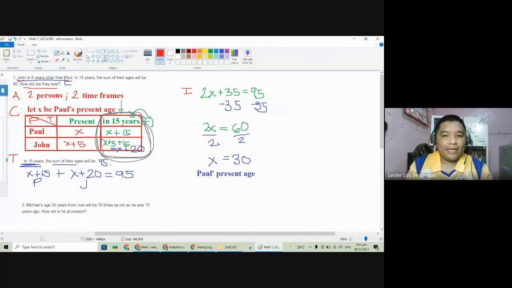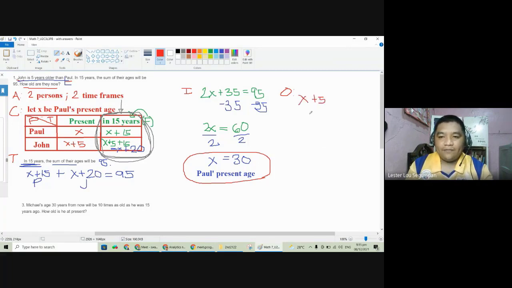Now let's move on. Since we are asked about their age at present, Paul's present age is already here. So we are going to look at John's present age. What is the representation of John's present age? Is it x plus 5, x plus 15, or x plus 20? The answer is already here on our table, and it's actually x plus 5.